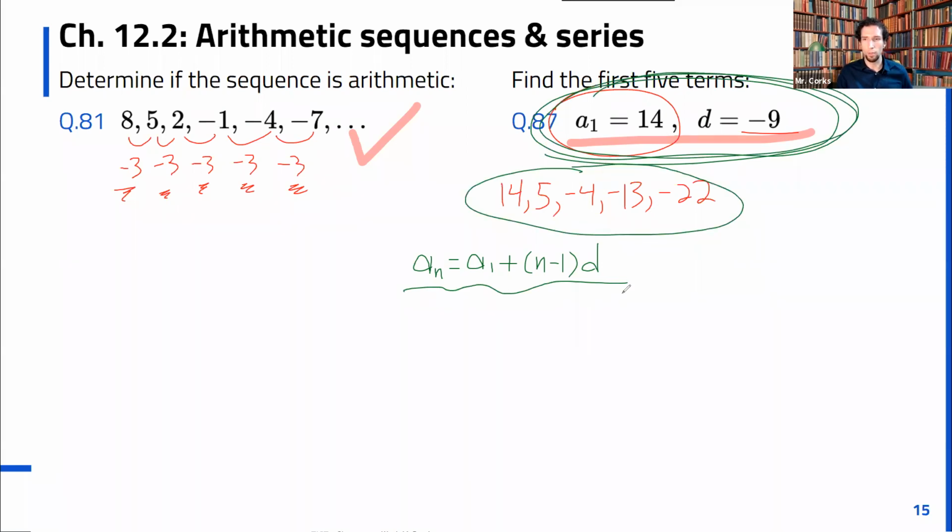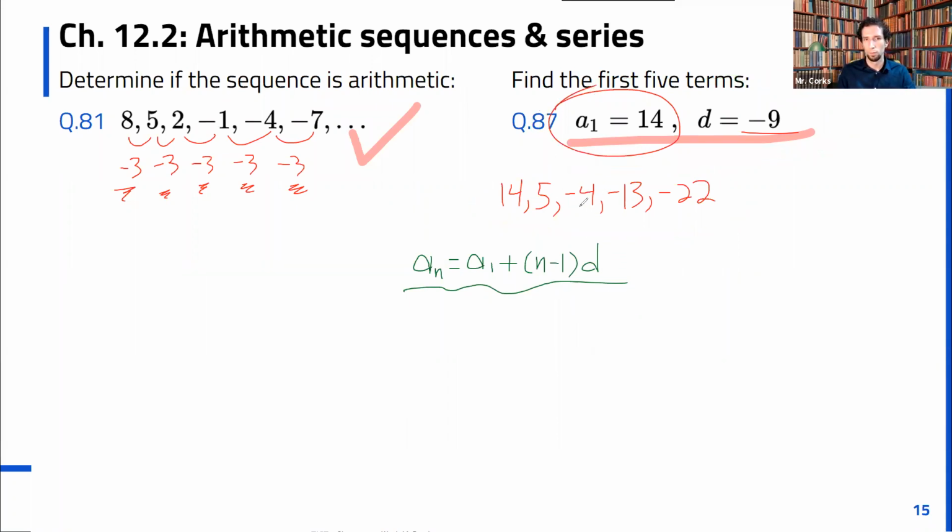How can I do that using the formula? Just substitute the values into the equation. I need a1, we have a1. I need d, we have d. So just put those numbers in.